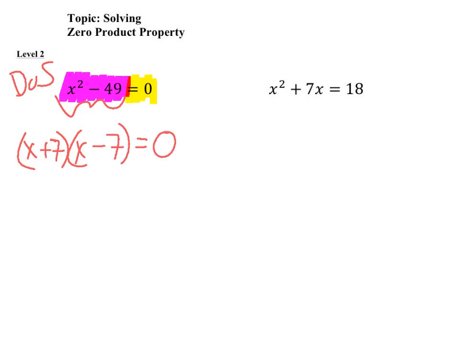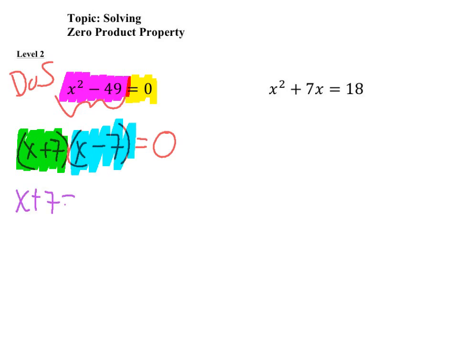Now don't forget to bring down that equals 0. So now I have two different factors: x plus 7, and x minus 7. I'm going to take each factor and set it equal to 0.